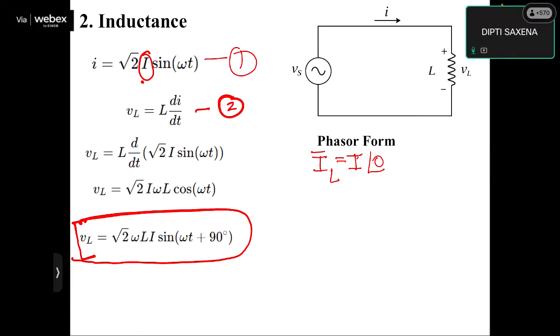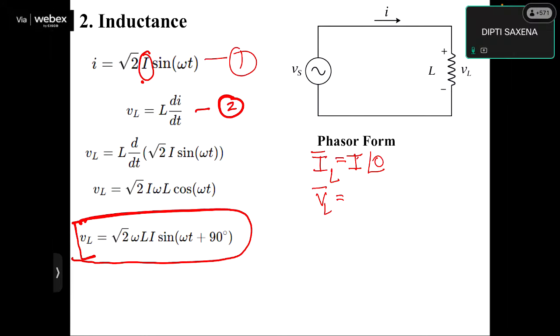Now look at the expression of the instantaneous voltage. I want to write the phasor expression for voltage across the inductor by looking at it. Again, this phasor will have a magnitude and an angle. The magnitude we take to be the RMS value.